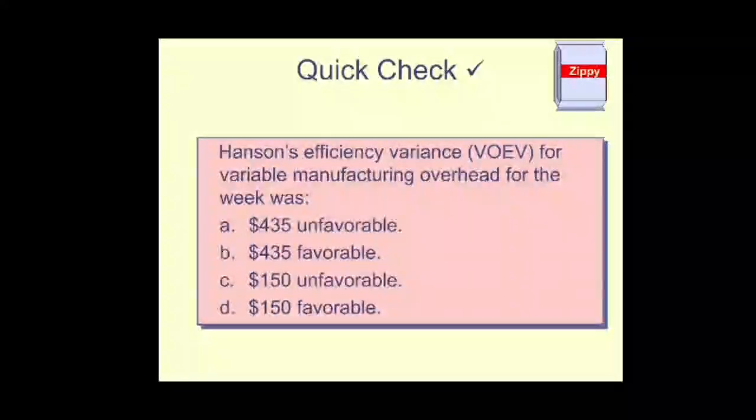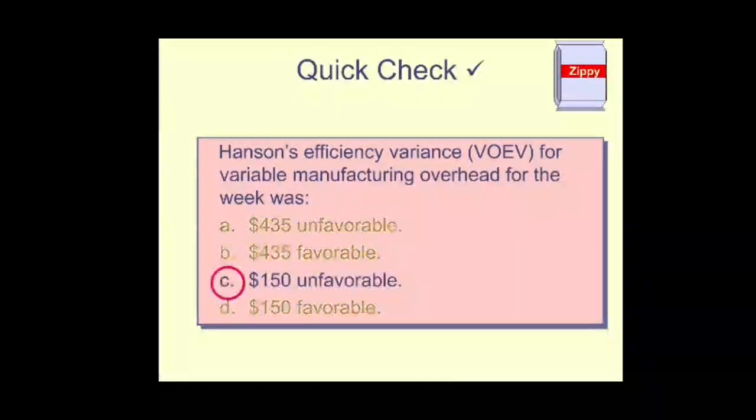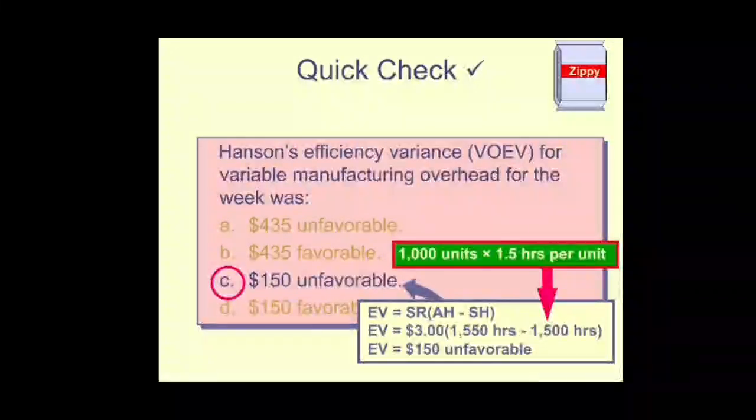And then the question shows how to calculate the efficiency variance for the variable manufacturing overhead. The same way, you have to use the formula: standard rate times (actual hours minus standard hours).